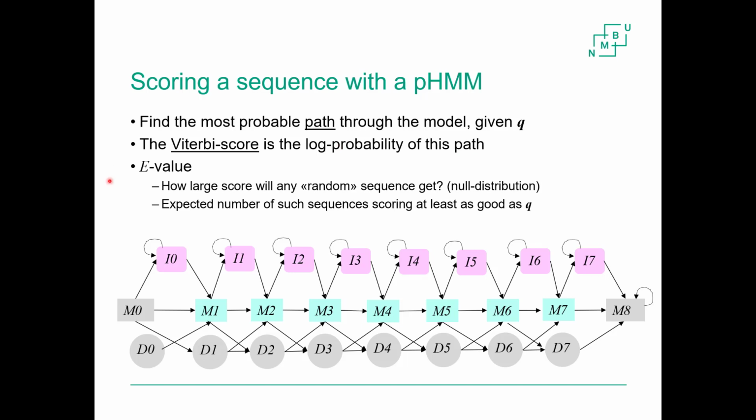Then we can also compute an E-value, as we are familiar with from BLAST and so on. But this is just a matter of how large a large score is. Then you have to know something about what you would get with a random sequence. That's a more statistical consideration that we will not dig into here.